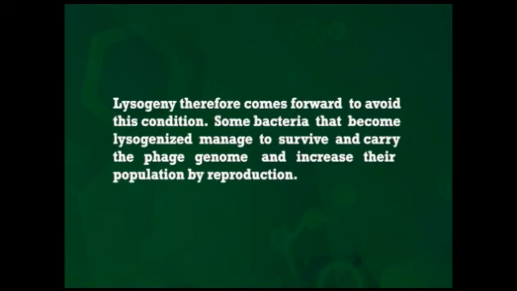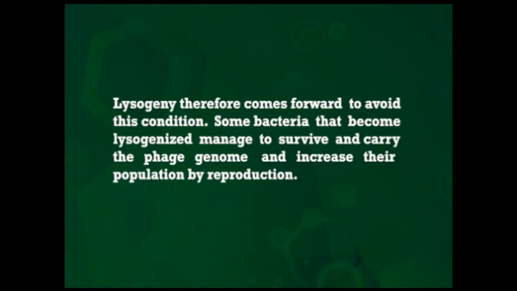In this condition, when every cell becomes infected, the replication will finally destroy all the host cells. Thus, the phage may be left without a host and directly exposed to environmental hazards. Lysogeny therefore comes forward to avoid this condition.